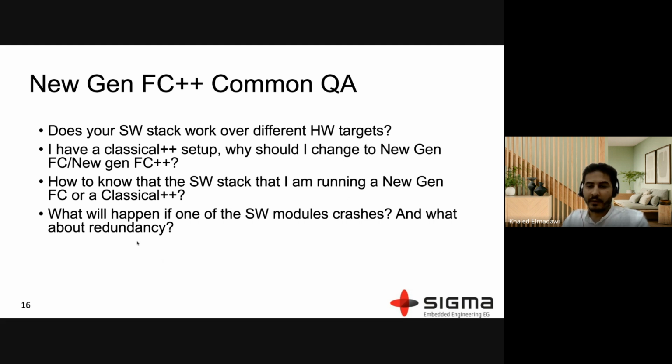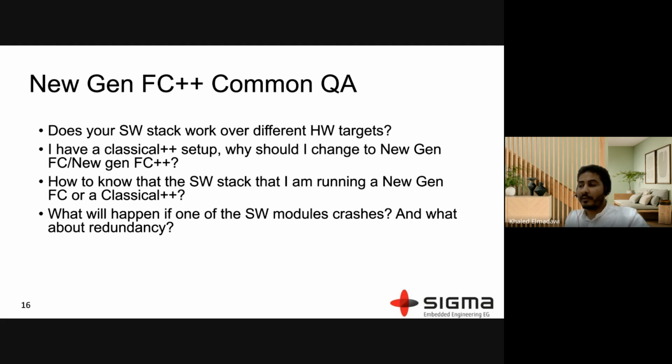Simply, one of the advantages of service-oriented architecture is that you can have something called an administrative service, which looks into the status of each process, and if some process crashed, it tries to bring it up again.